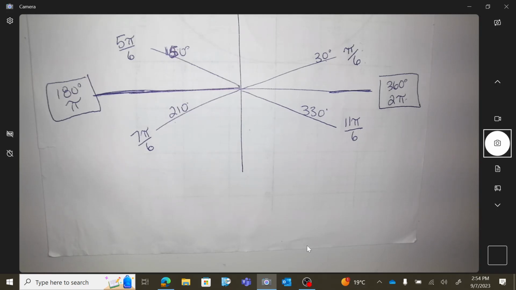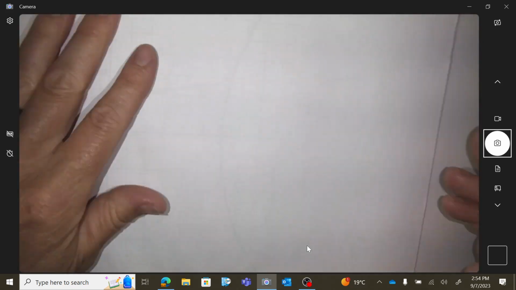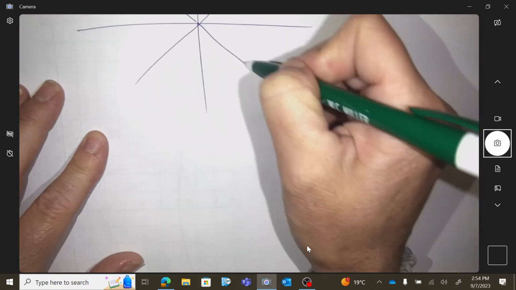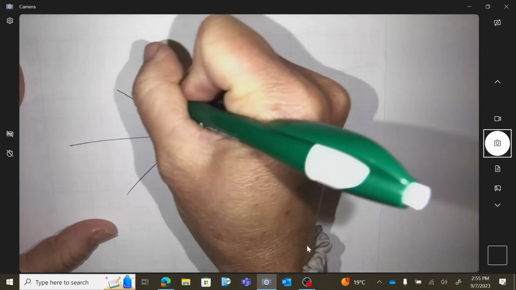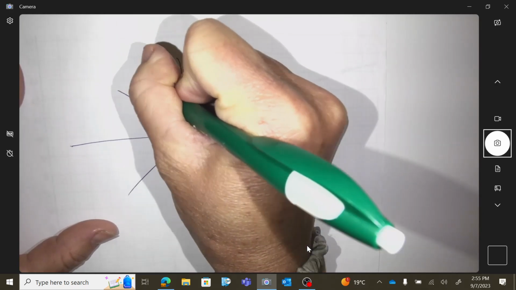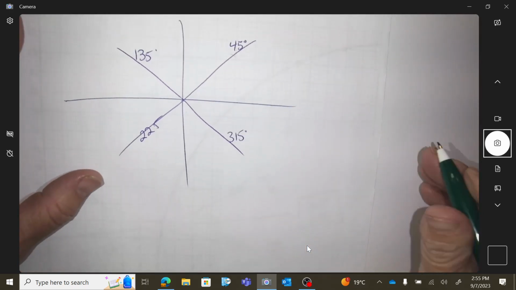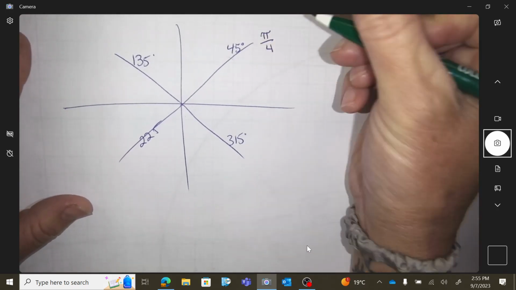Okay? All right, now I'm going to do the 45 degrees with you. Okay, so we have a 45 degree, what is this, 135, 225, and 315. Okay, so 45 is pi over 4.